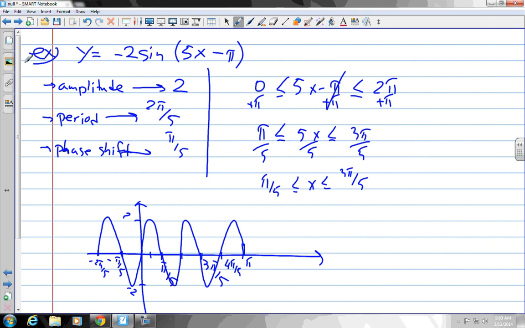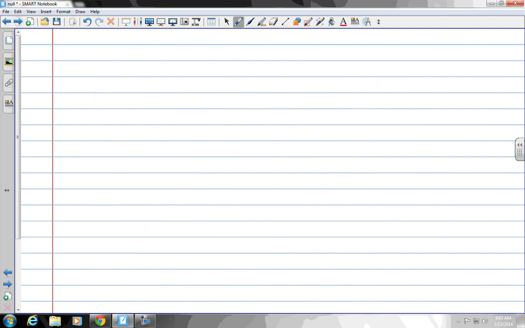But eventually, we will be able to precisely find the x-intercepts. Now, your book, for whatever reason, which is beyond my understanding, does not ask you to graph functions of this form.